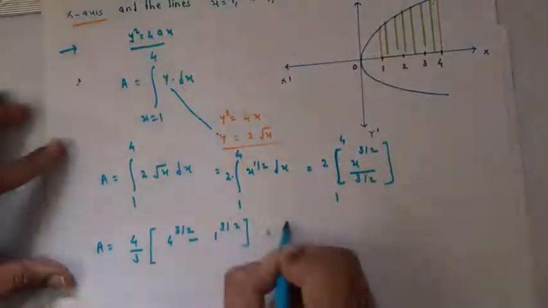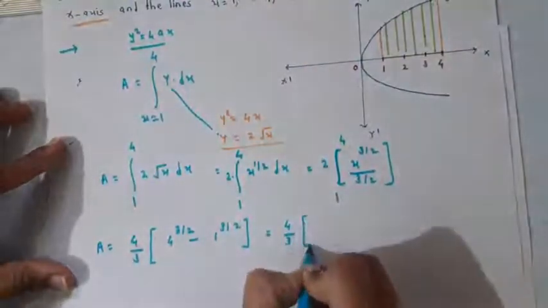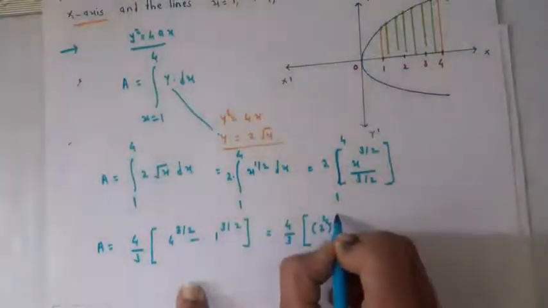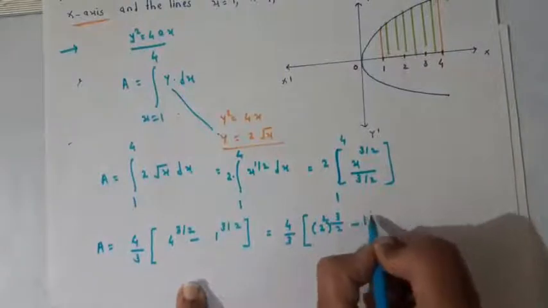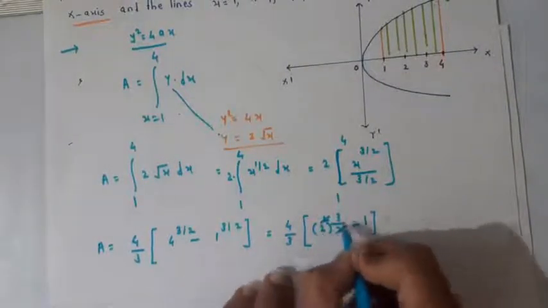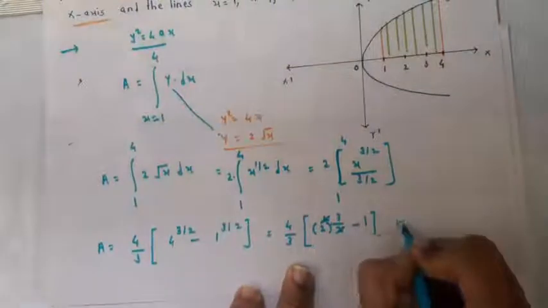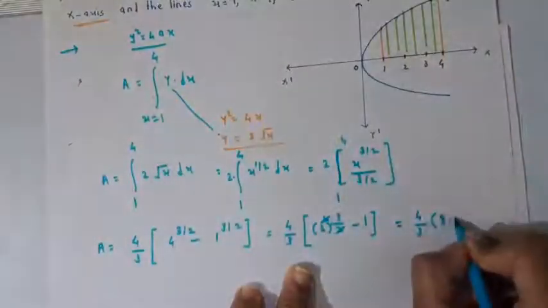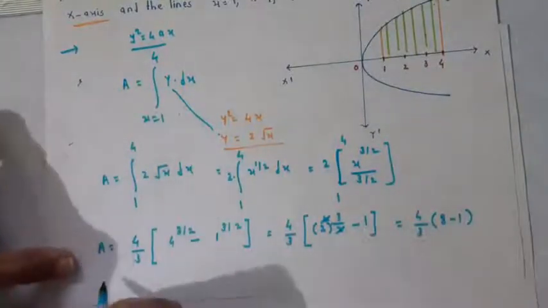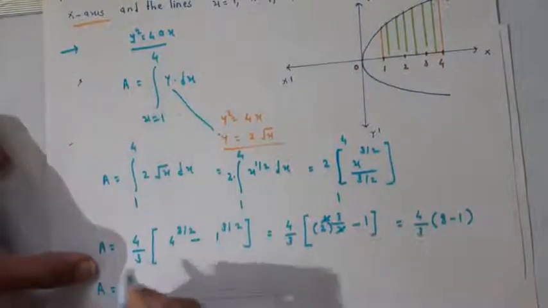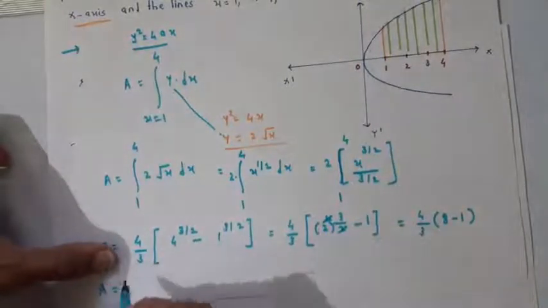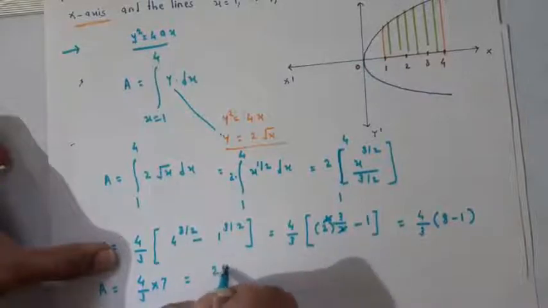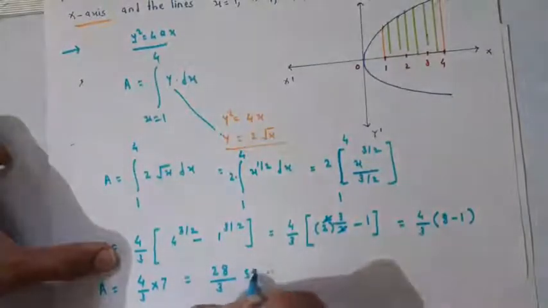This is equal to 4 by 3 into, 4 means 2 square, raised to 3 by 2, minus 1. These 2 get cancelled. 2 raised to 3 is 8. So this is 4 by 3 into 8 minus 1, and hence the required area is 4 by 3 into 7, that is 28 by 3 square units.